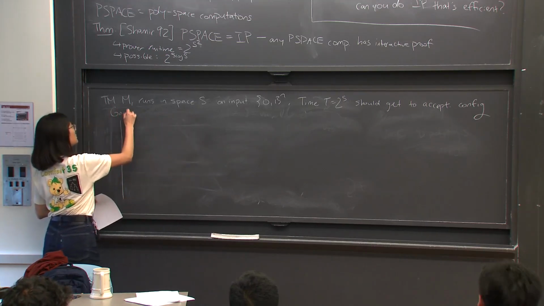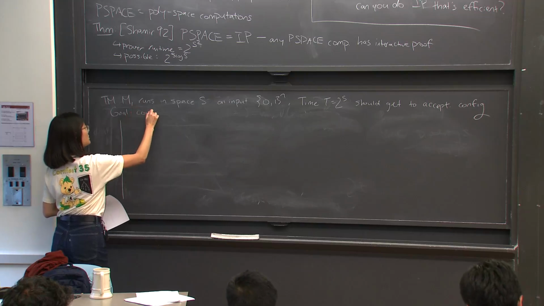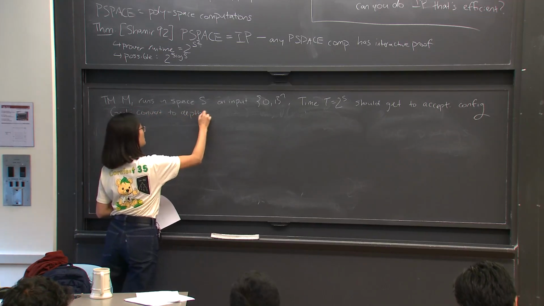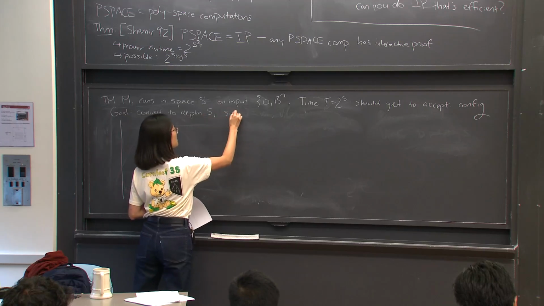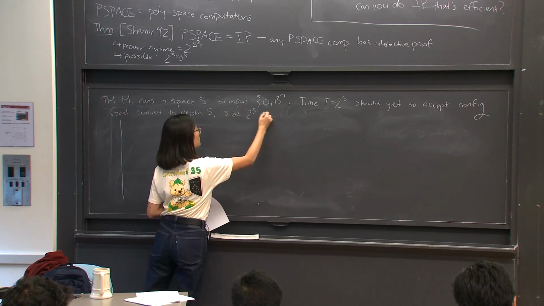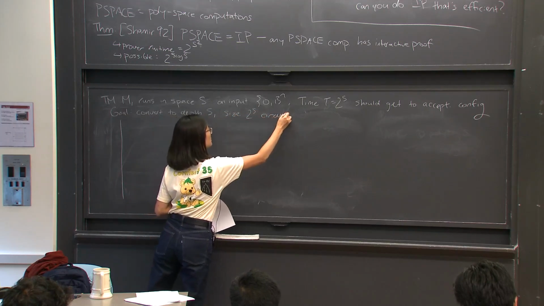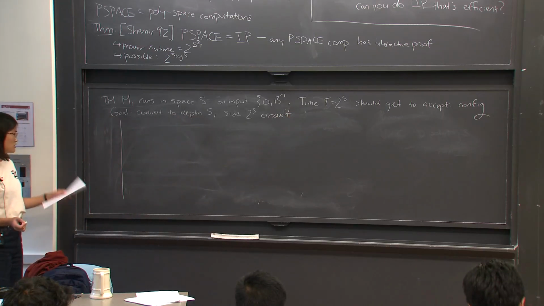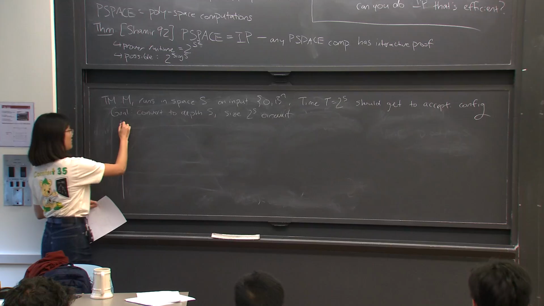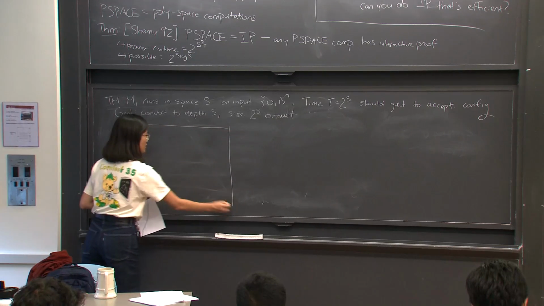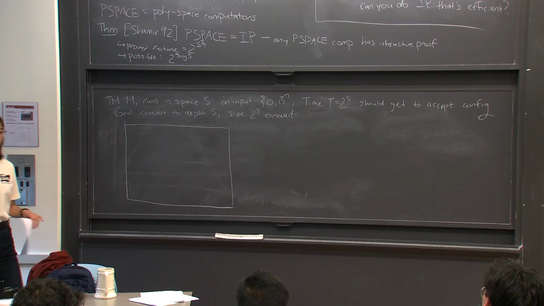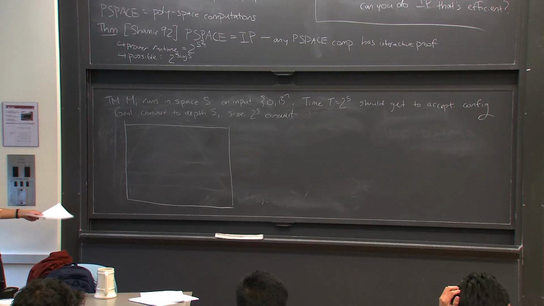So the goal is to convert to depth S. Here's the trick. We're going to look at the transition matrix of all the possible states of the Turing tape, basically.